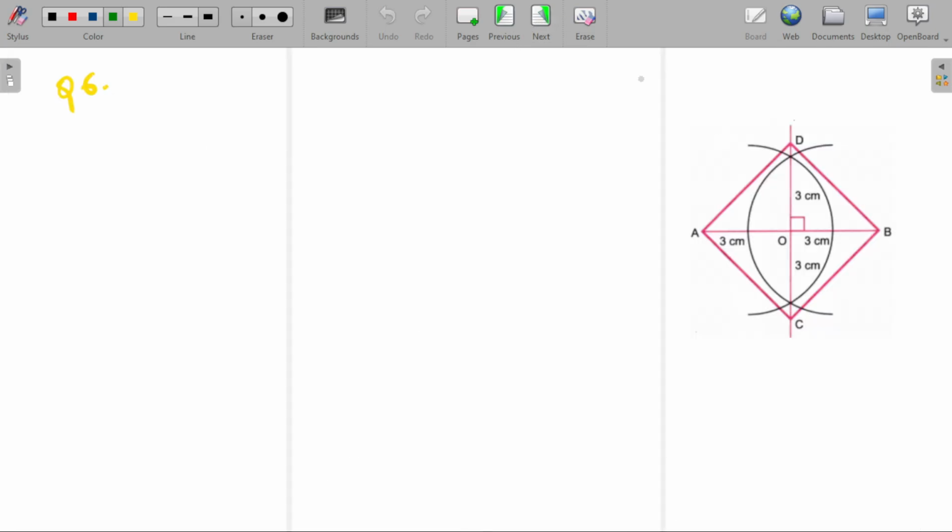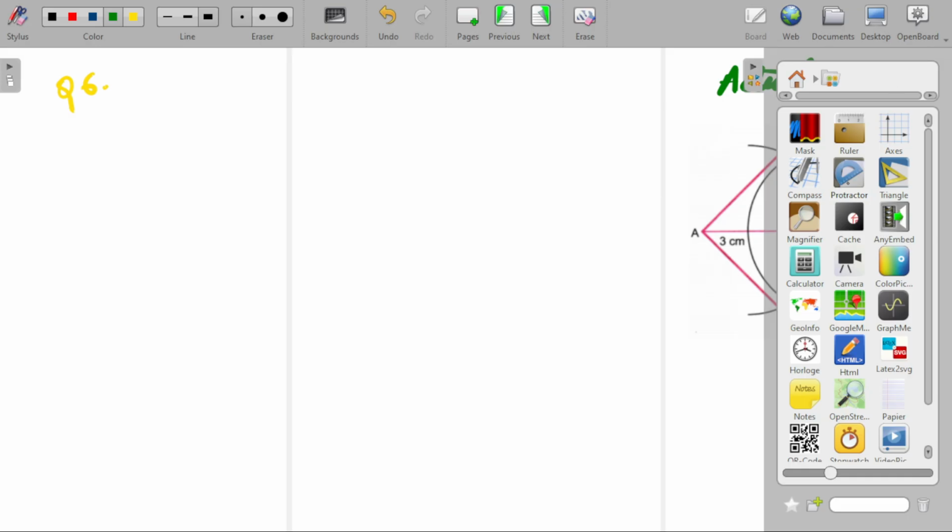So let's do it. This is the sketch, the actual sketch. Okay, and I will tell you how we will draw it. So let's do it. We need a compass and we need a ruler.